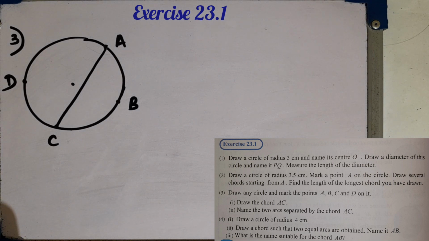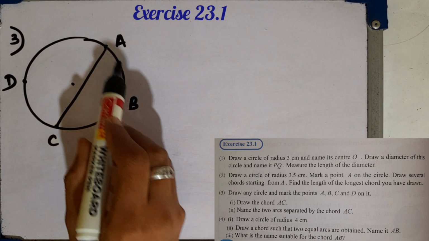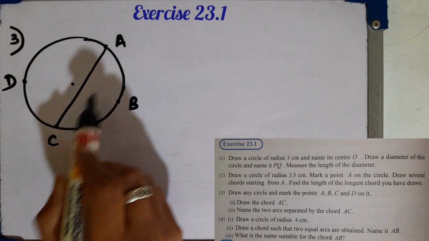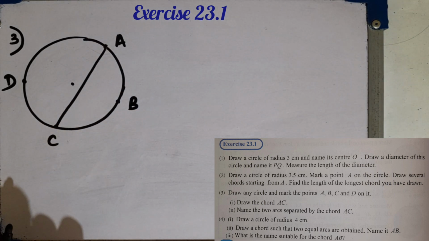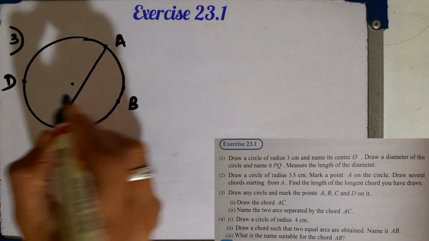Name the two arcs separated by the chord AC. What are the two arcs separated by the chord AC? This one is the arc ABC. You can name it as minor arc ABC.